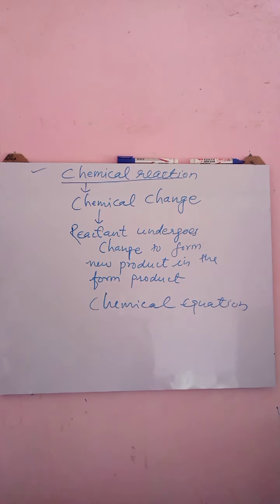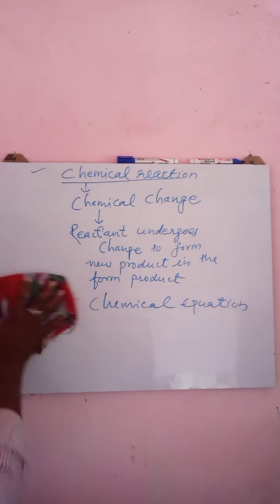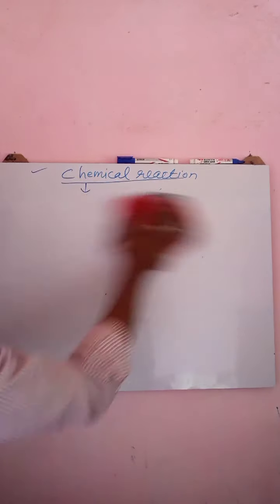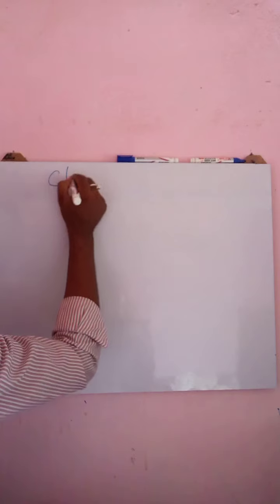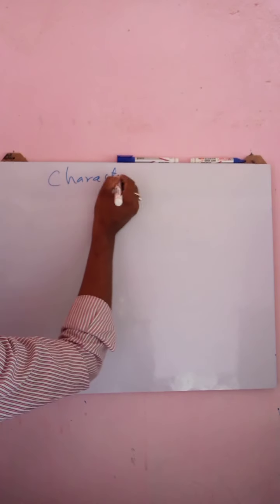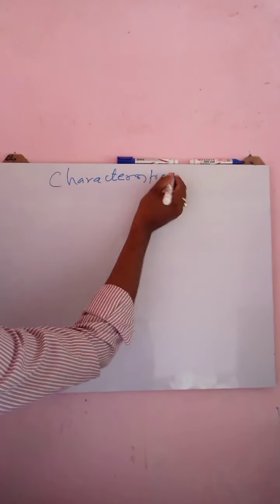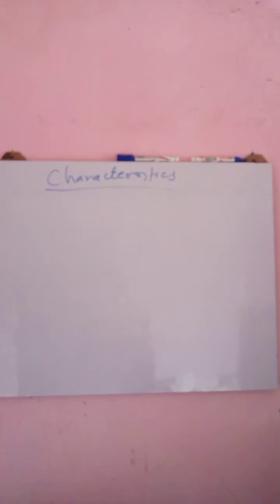Right? Now come to the characteristics or indications of a chemical reaction. A chemical reaction is accompanied by external indications or characteristics.